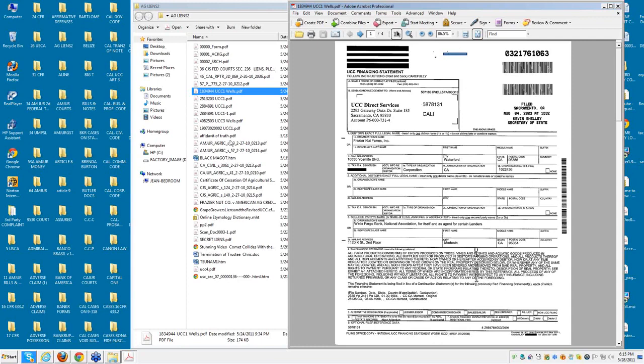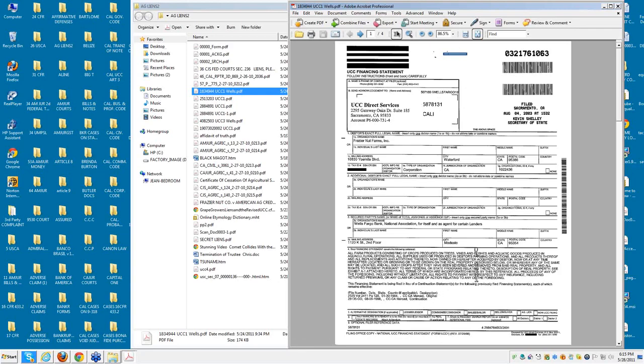Now, I think this has a... see, they've got a file number down here. It says this financing statement is being filed in lieu of a continuation statement for the following previously filed financing statements, each of which remains effective.